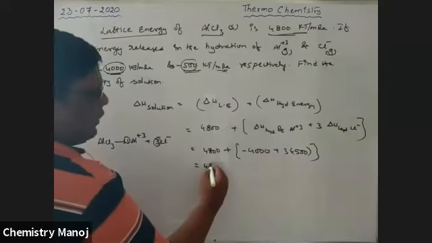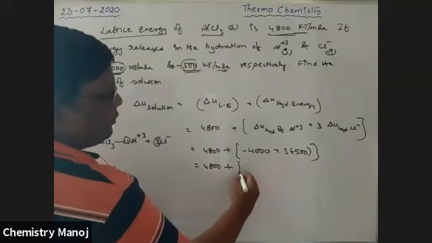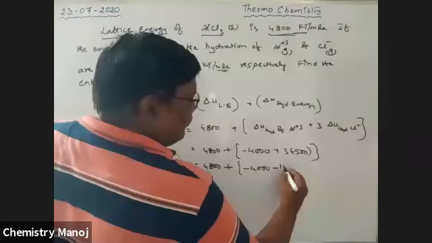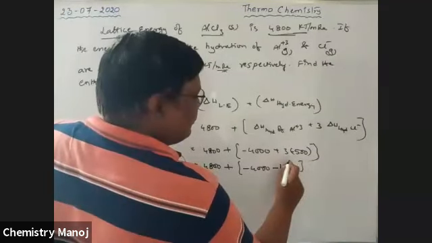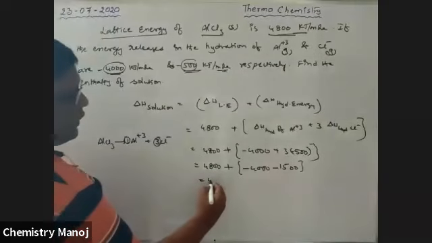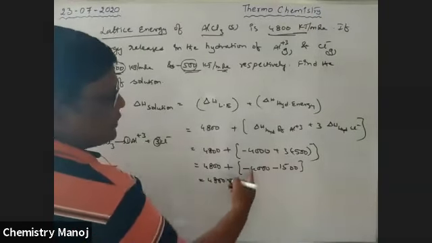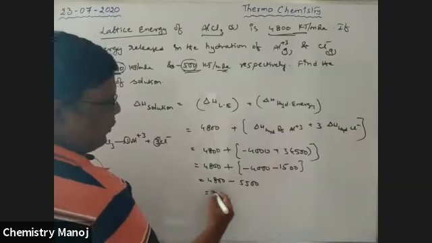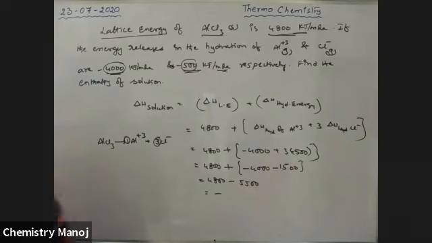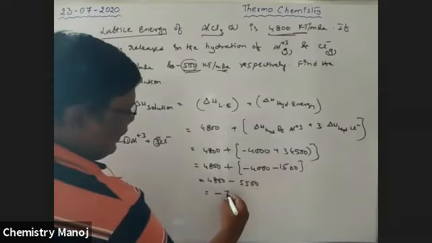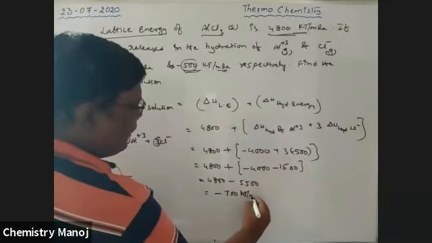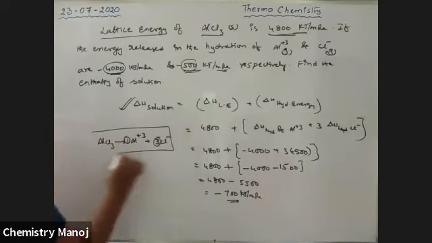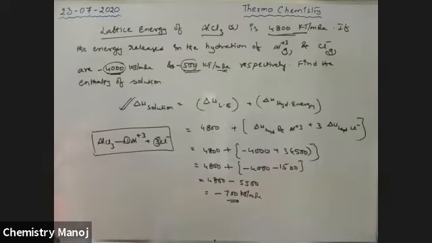That is 4800 plus minus 4000 minus 3515, 1500. Therefore, 4800 minus 440 plus 55, 1500 minus, how much is the value? 8700 kilojoule per mole. This is the enthalpy of solution.